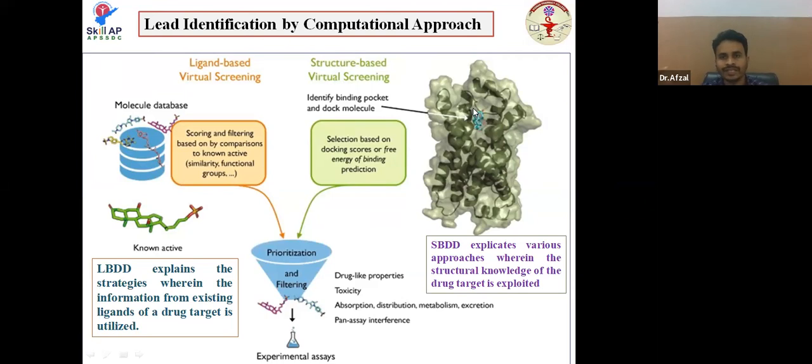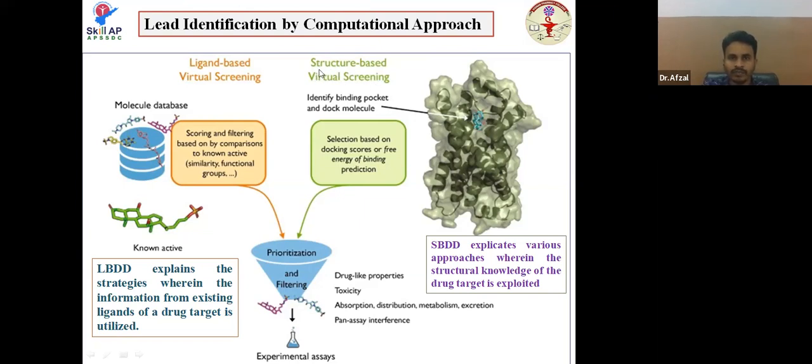If you take a disease, there are different types of proteins or biomolecules whose alteration is responsible for the disease. So we know that if we inhibit that particular enzyme, we will get a potential lead compound. For that, we have knowledge of the structure of the protein. That is why it is called structure-based virtual screening.